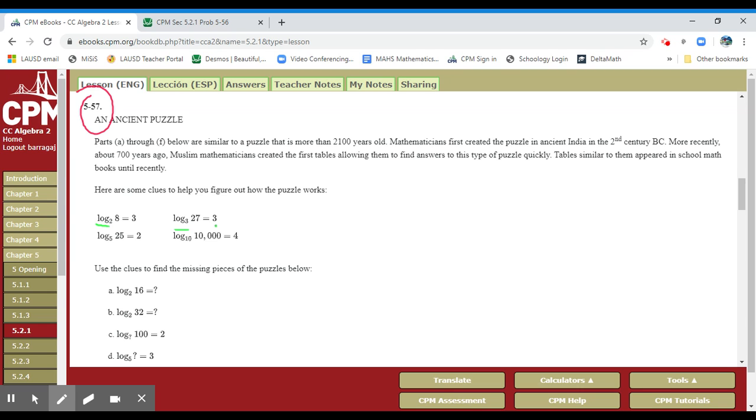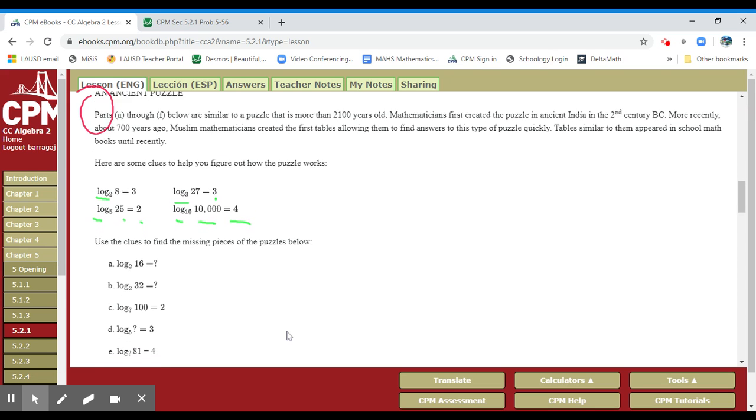Let's take a look at the one down here: log base 5 of 25 equals 2. And log base 10 of 10,000 equals 4. What do they mean by this? Now, what's the puzzle? What's the pattern we're seeing here?